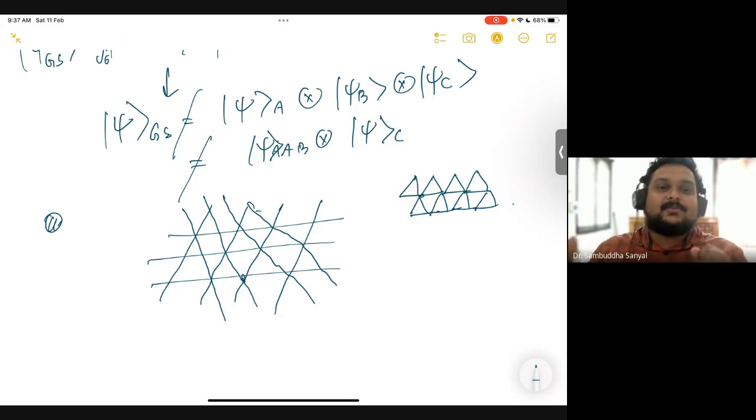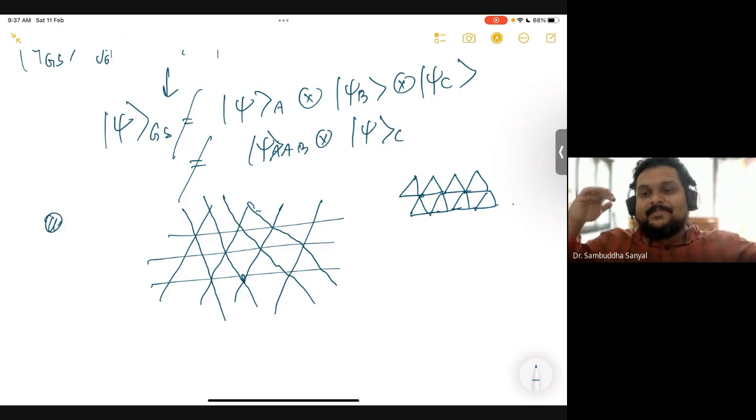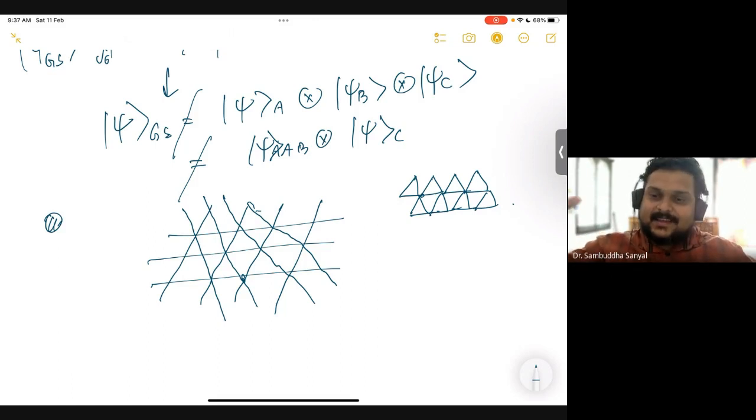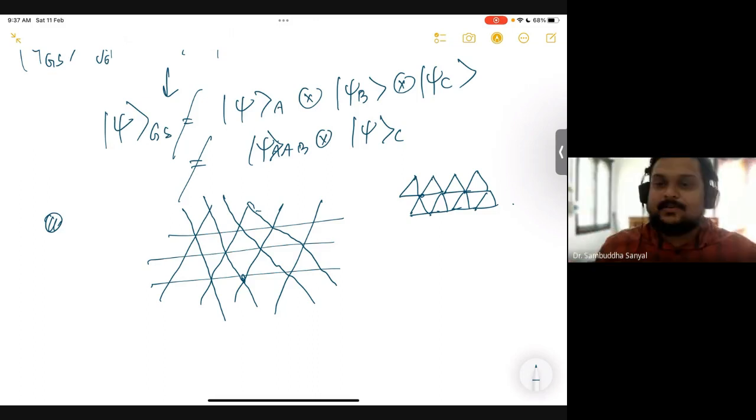So then their ground state is a massive superposition because it's a degenerate configuration of like millions of states, and their ground state is a superposition of those million states, and that cannot be broken into this kind of product form. You can never break it. So they are highly entangled ground state of a macroscopic matter, and they have very fascinating properties which we study. So these kind of systems are called quantum spin liquids.